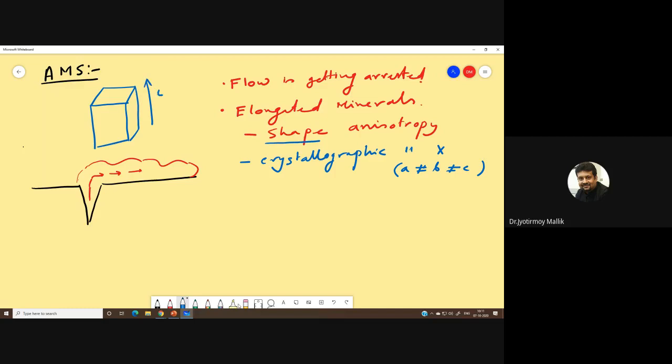This is the anisotropy that defines A, B, and C; the difference between A, B, and C is my crystallographic anisotropy. Now suppose I am breaking this crystal like this, in three parts. How will the crystal look now? Crystals will look something like this, right? Because it is broken.